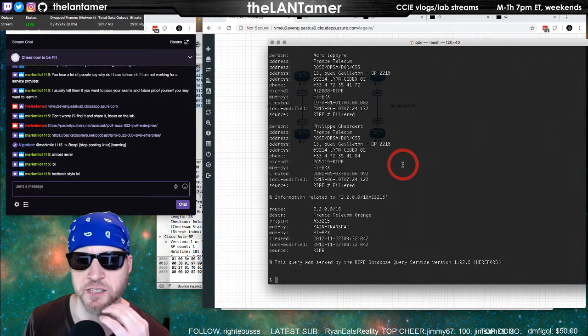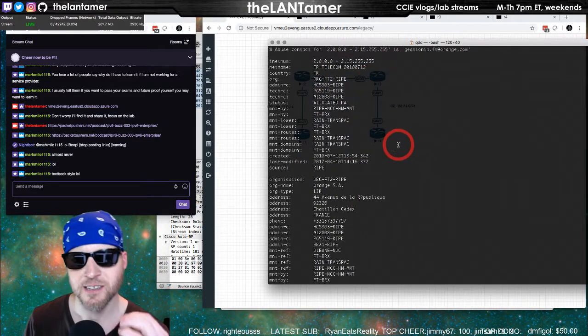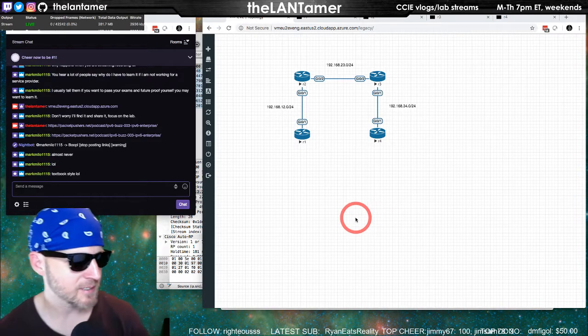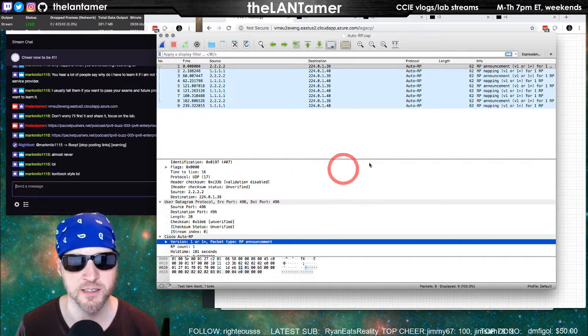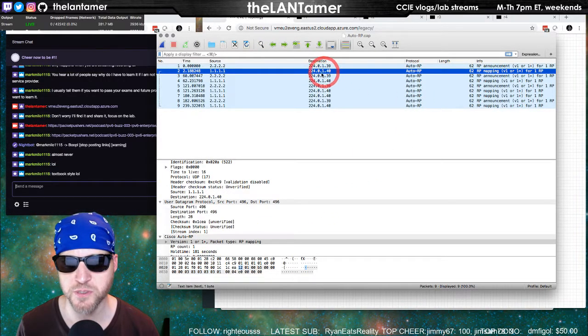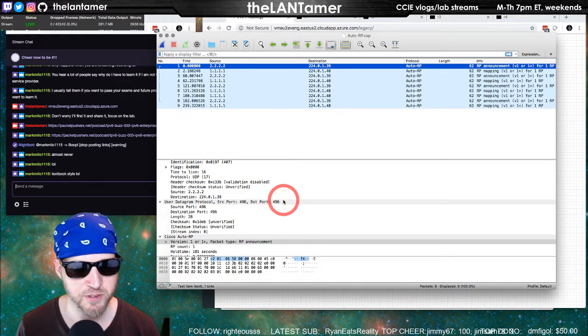I guess in a real production network, you probably would not want to use this as a loopback, you would want to use RFC 1918 space, but I can see why it would do that. Interesting. That's funny. But yeah, here is the mapping agent, of course, destination 224.0.1.40, and the announcement is 224.0.1.39.